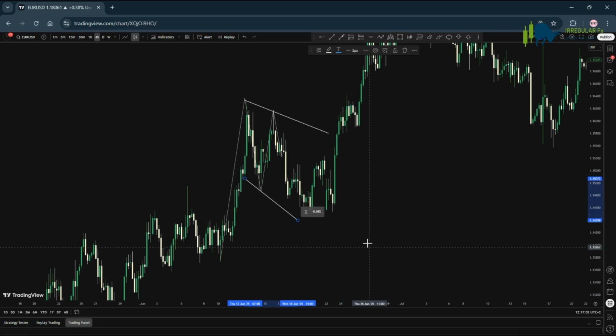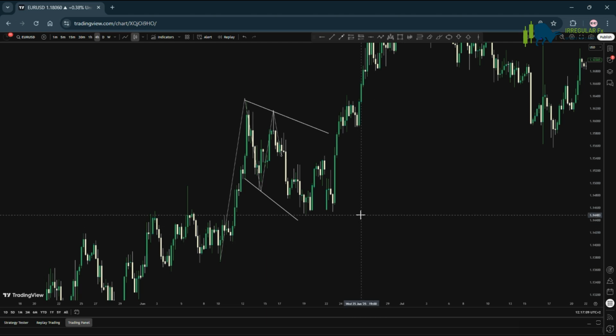There's something that I've noticed as I've been drawing and identifying these continuation patterns. It's a bit tricky when you draw the supporting trend line.